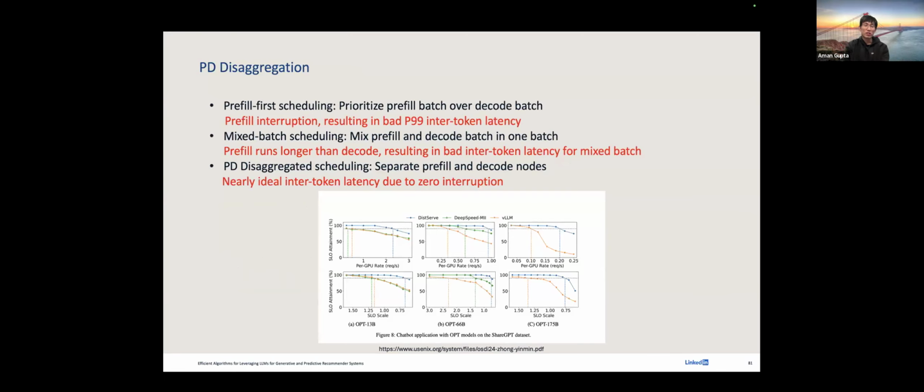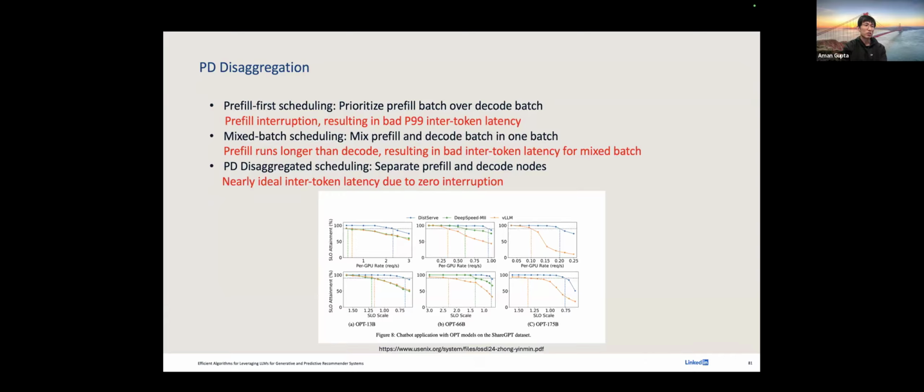So we have explored the basics of scheduling and prefix reuse. Let's focus on another critical optimization, which is prefill and decode disaggregation. In a high QPS environment, one major challenge is how to effectively schedule prefill and decode across shared infrastructure. Let's first look at the traditional approach, which is prefill-first scheduling.